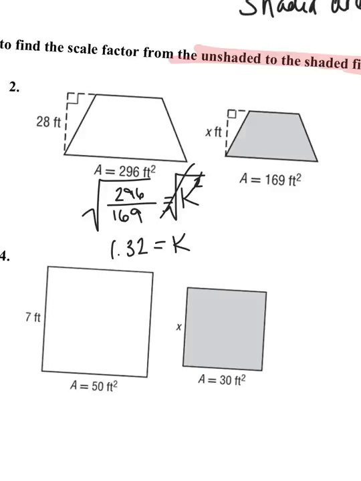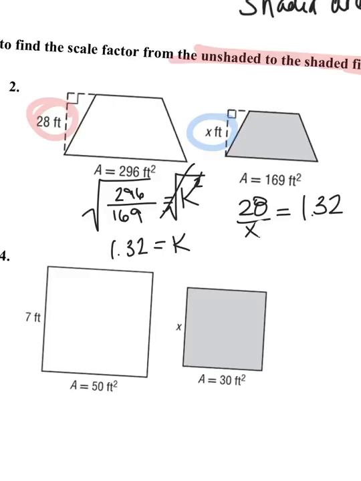So proportionally, again, this divided by this. Okay, so 28 divided by x equals that 1.32. Okay, so I'm going to cross multiply again. In this case, I'm going to have to cross multiply and divide.